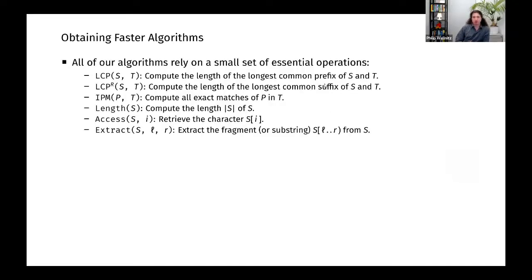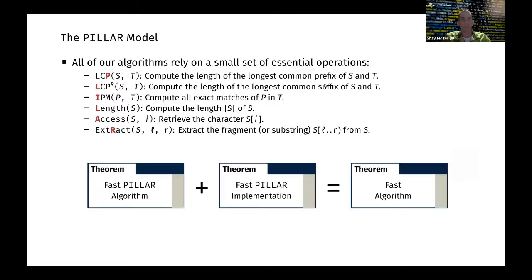The first thing that we observe is that all of our algorithms rely only on these 6 essential operations. If you're working with strings, these all look familiar, I would say. And in fact, they're so essential that we call computing with these operations the PILLAR model.